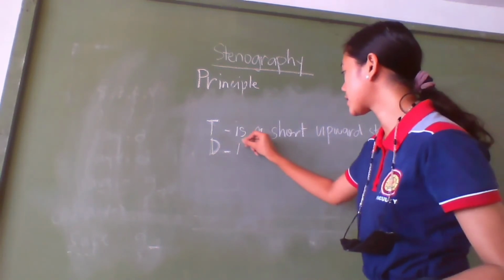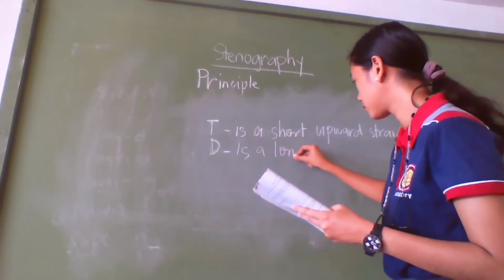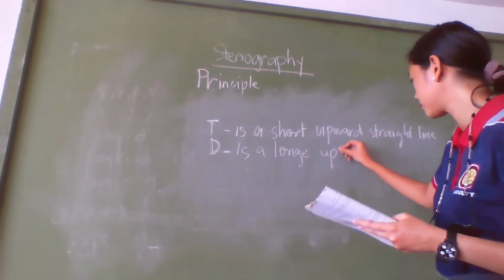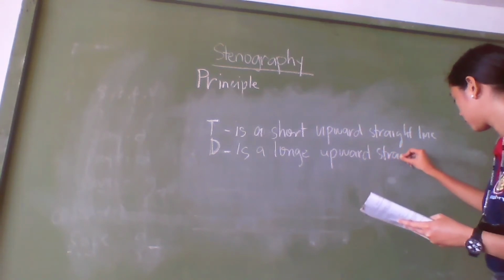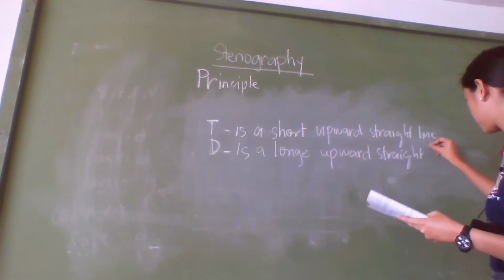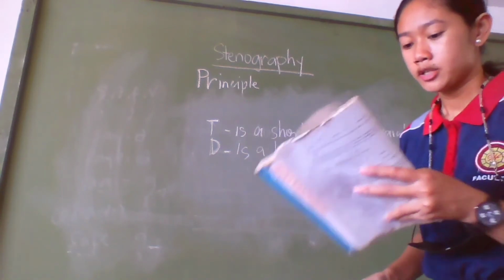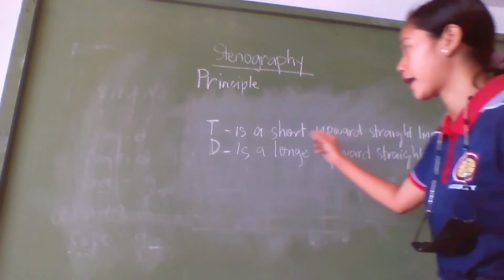And D is a longer upward straight line. So T is a short upward straight line.